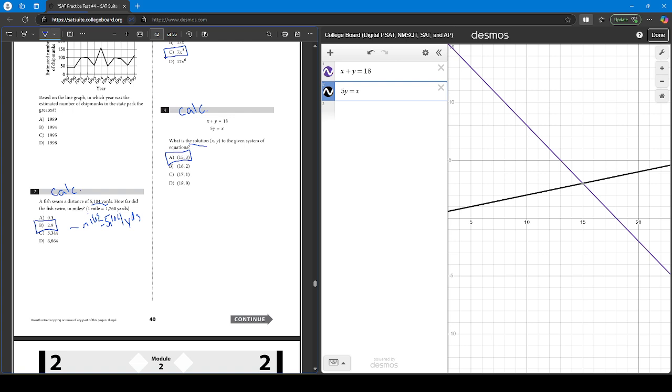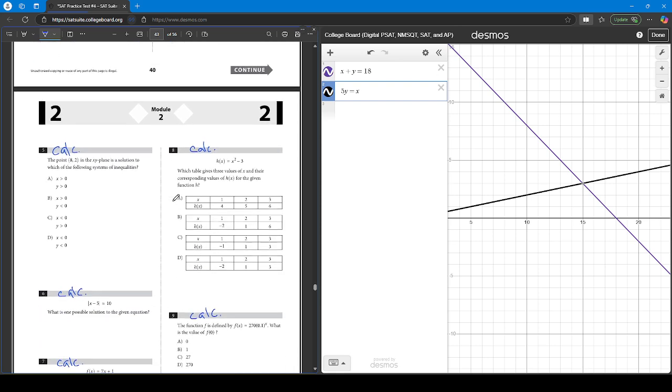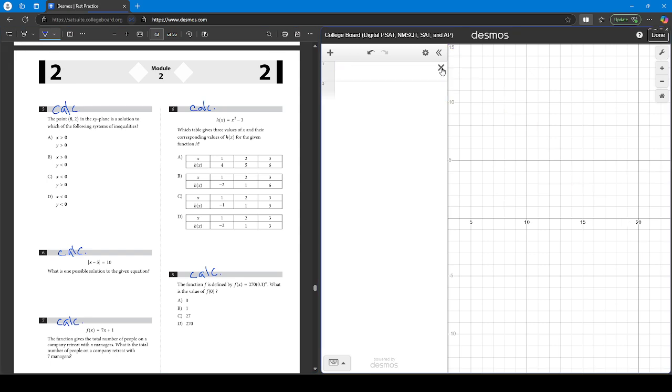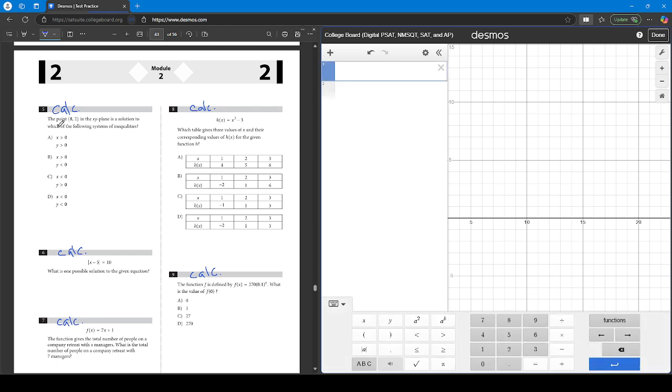Okay, next one with the calculator, number 5. The point (8, 2) in the xy plane is a solution to which of the following systems of inequalities? So we want to see, is that point in the shaded region, because all of these are inequalities.